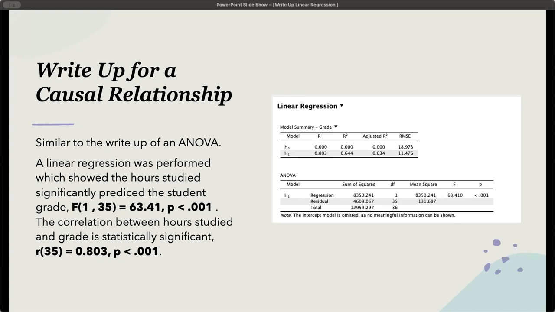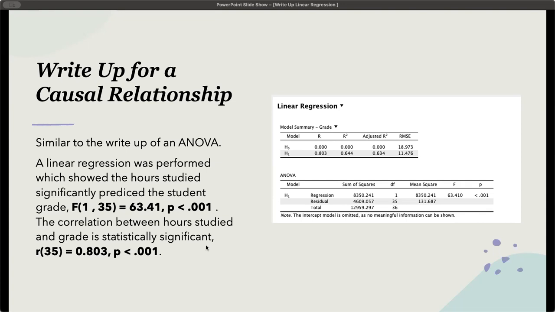In this case here, the data set that I'm using is the student grades versus hours studied. And here we have the F value, F(1, 35), which are our degrees of freedom over here, equals 63.41, which is our F statistic, and the p-value is less than 0.001.